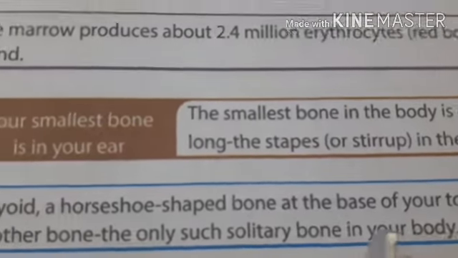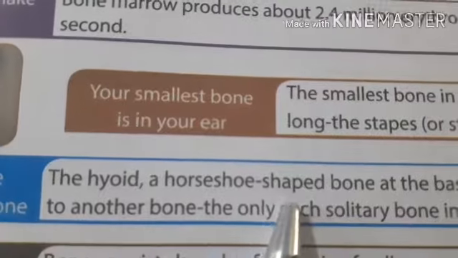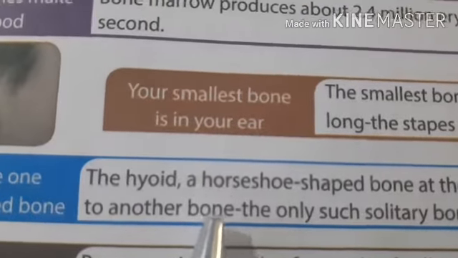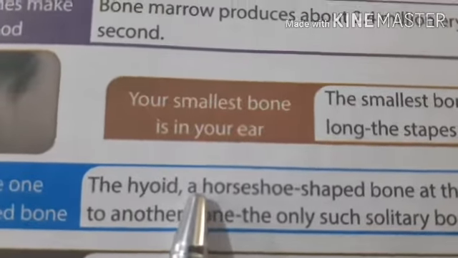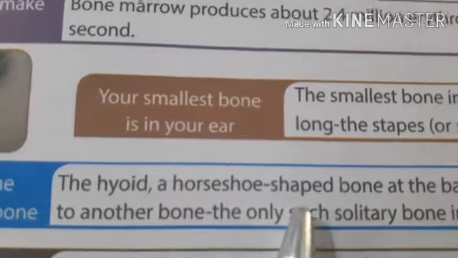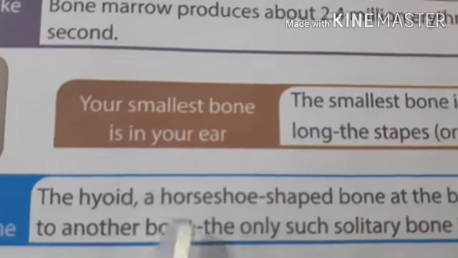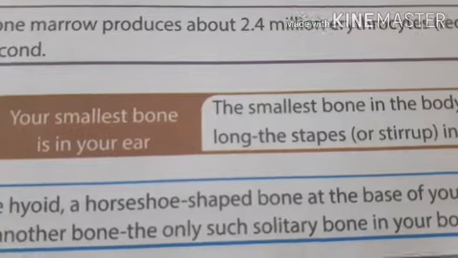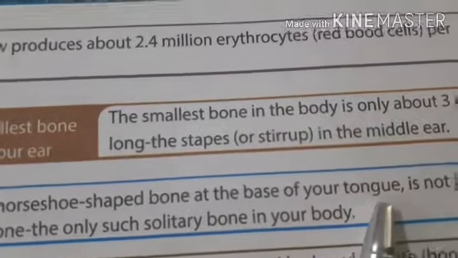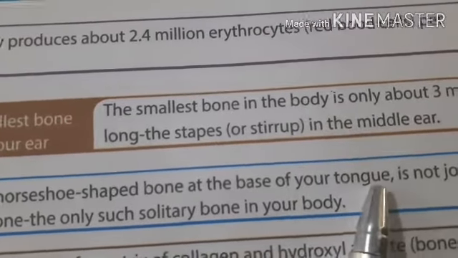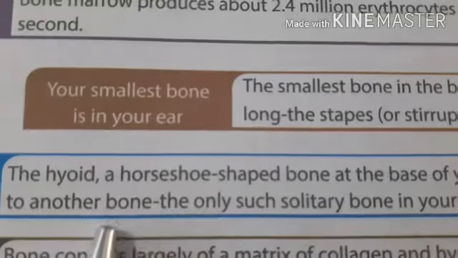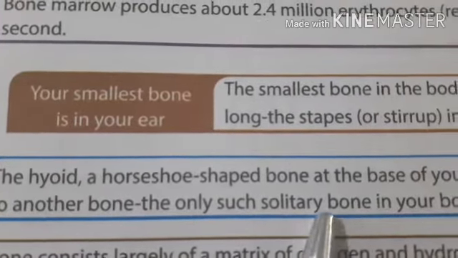So the tongue bone is not connected to any other bone. The shape of this bone is horseshoe shape, and it lies at the base of the tongue.